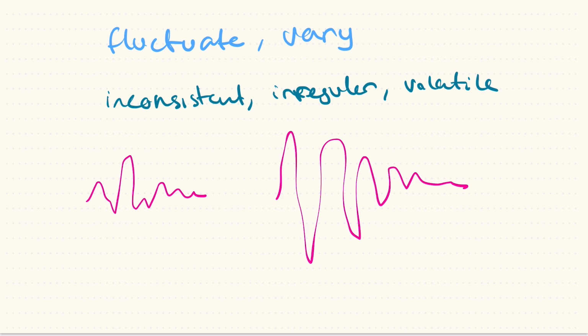Also, this is for the fluctuation pattern, but for the pattern that after a while stabilizes, meaning that there's not much change anymore, you can use verbs such as plateau.